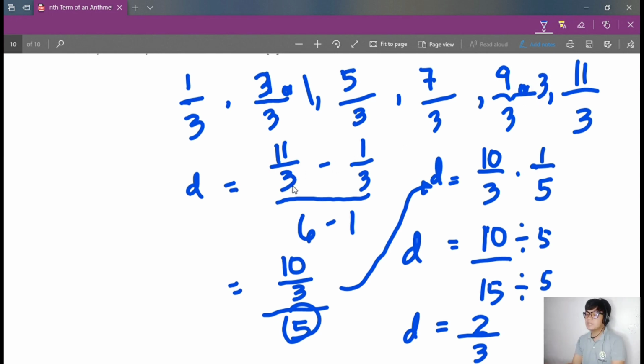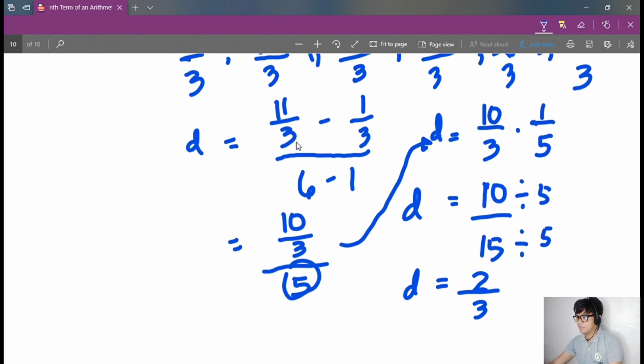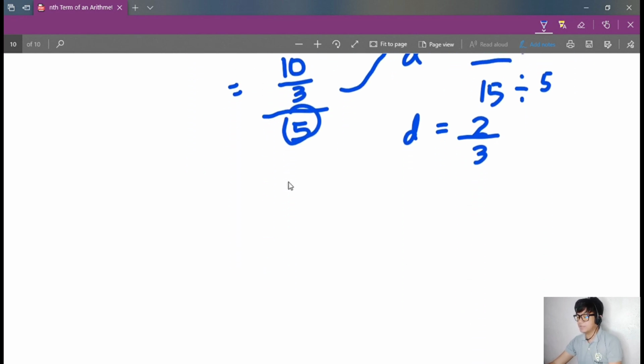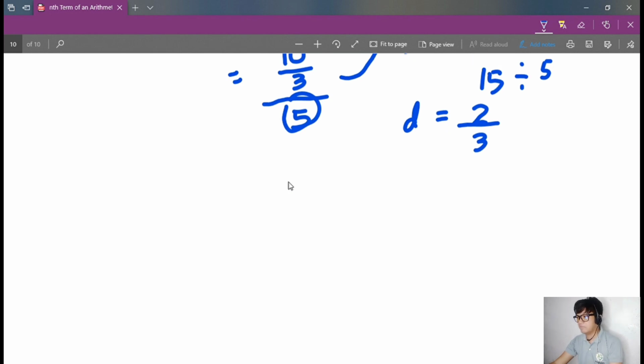So the arithmetic means are 1, 5/3, 7/3, and 3. These are the arithmetic means of 1/3 and 11 over 3. Always remember, arithmetic means are the terms between two non-consecutive terms.